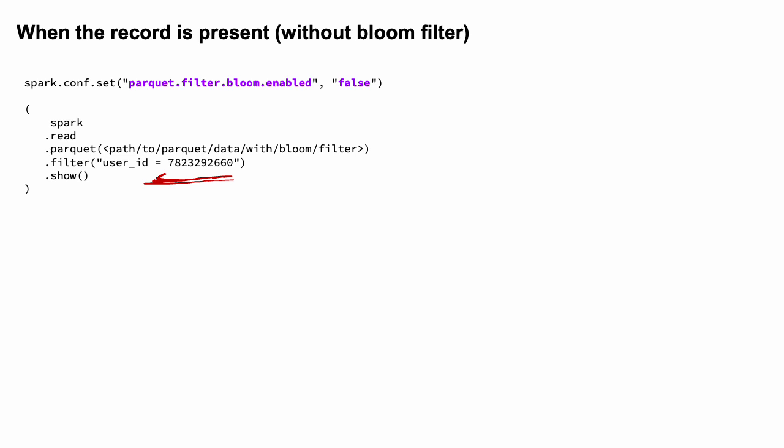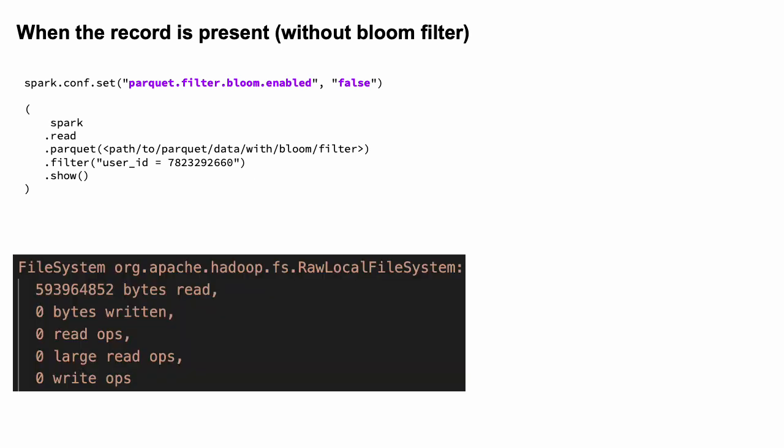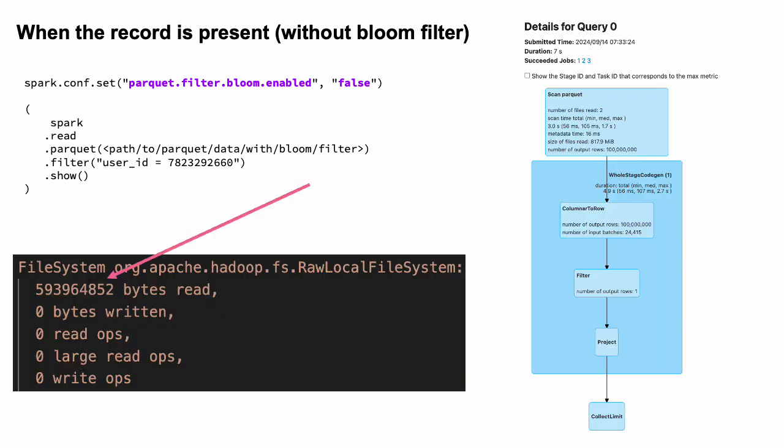This is the user ID which will match all the pages and all the row groups. So essentially it will do a full scan of all the row groups across both the files. And we are not using the data sorted on the user ID, just in this part of the experiment. So once we do that, it scans all the 560 megabytes of data, and all the 100 million records are materialized.